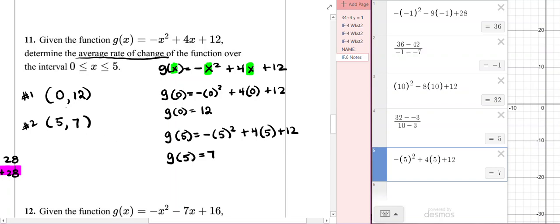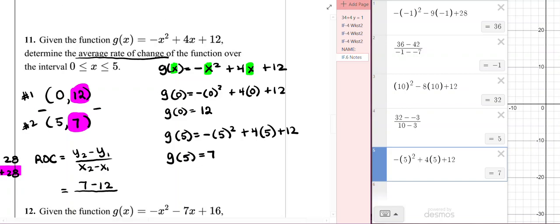Okay. Now that we have both points, now we just need to do the rate of change. So the rate of change, which is y2 minus y1 over x2 minus x1, is going to be equal to 7 minus 12, and then 5 minus 0.